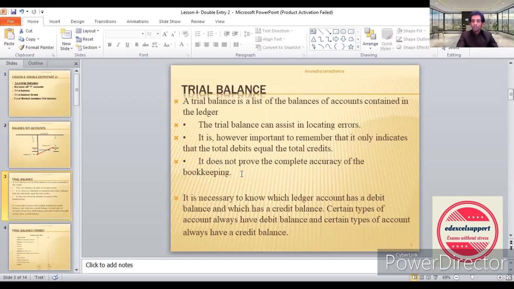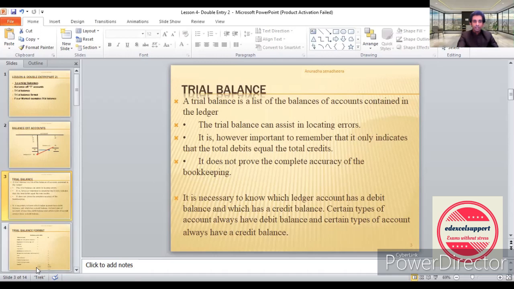So when you prepare a trial balance, assets and expenses balances should be debit, since the normal balance is debit. Income, capital, and liability balances should be credit, because the normal balance is credit. We have already learned this in a previous lesson.